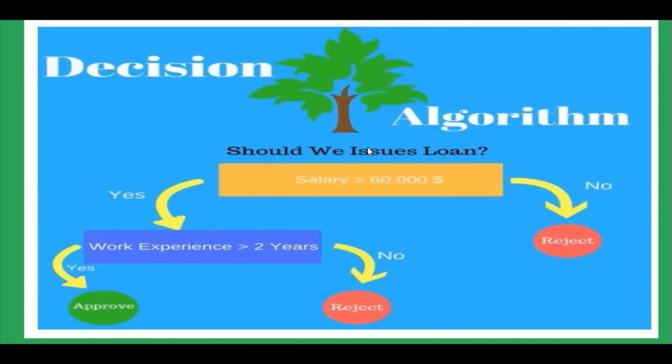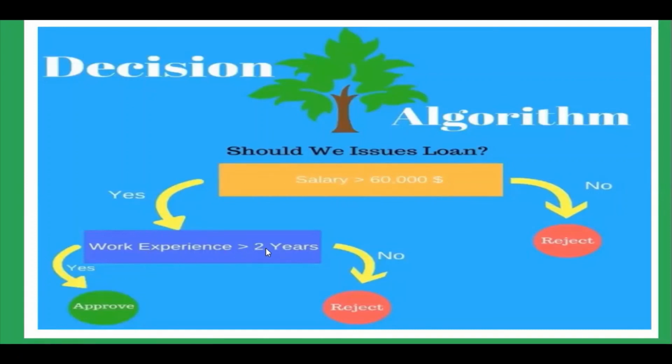Now, suppose a bank is deciding whether to issue a loan or not. They will calculate salary. If it's less than 60,000, then you say no, you reject. If it's more than 60,000, then you check work experience.